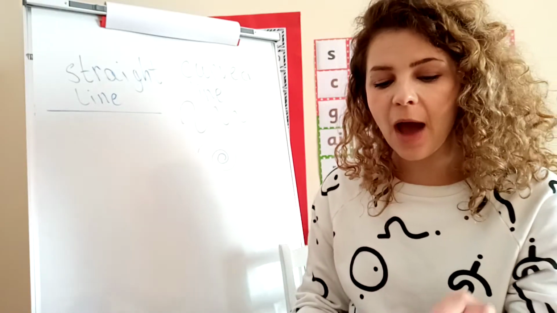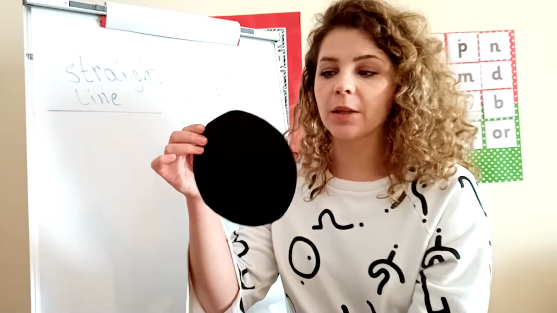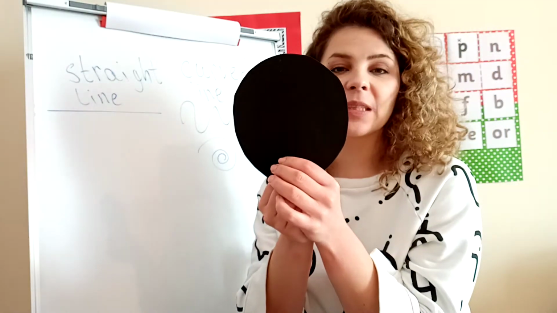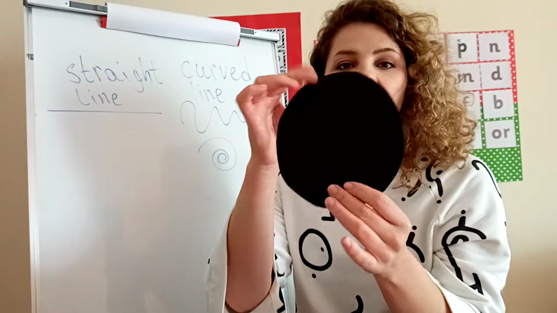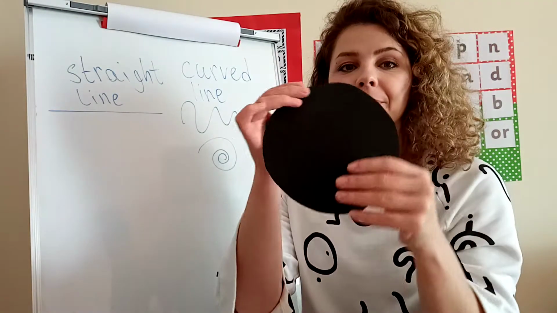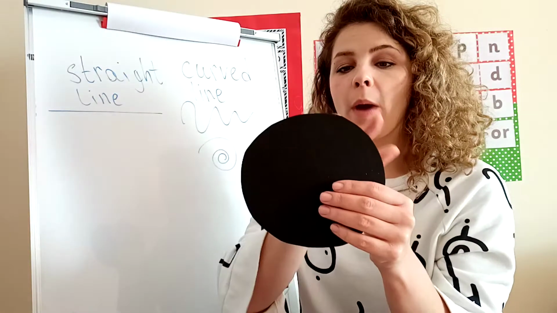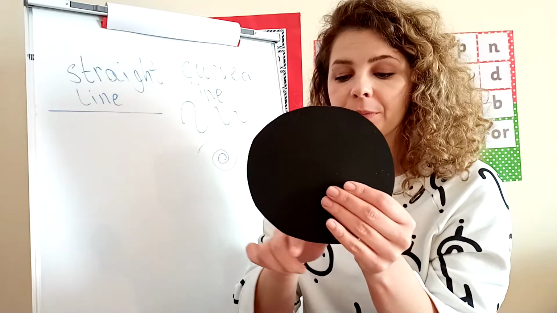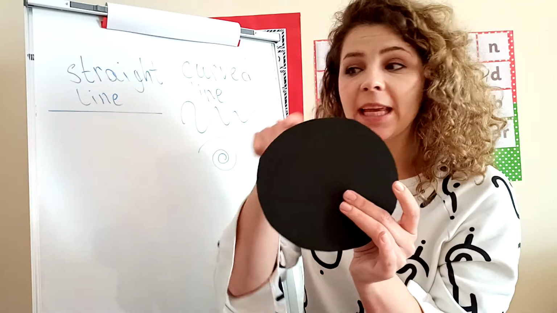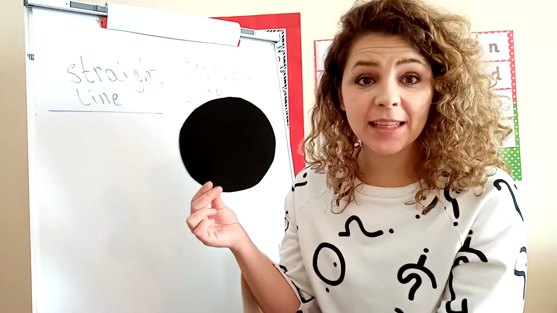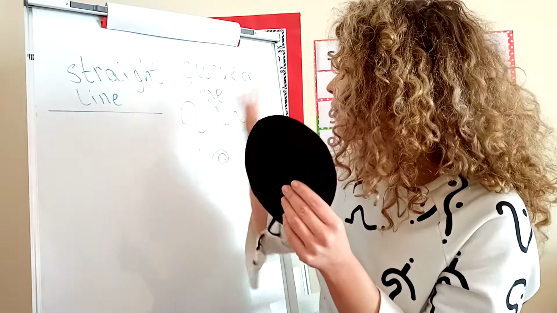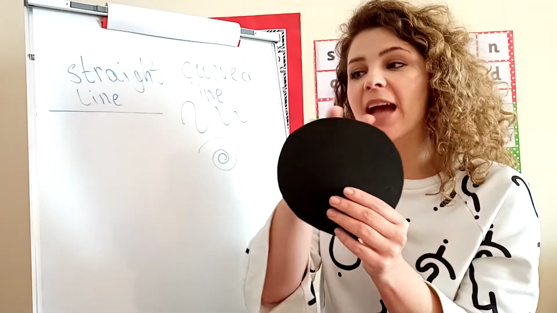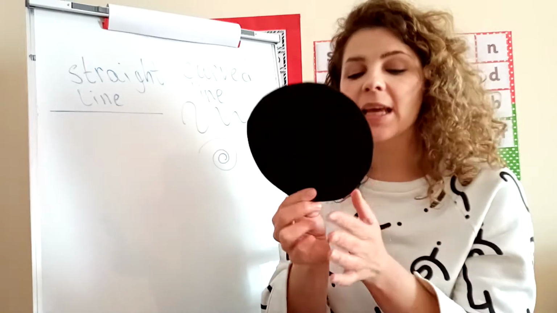Now, how about a circle? How many lines does a circle have? Well, a circle has only one side, okay? So it's made of a curved line, and it has only one side, yeah?